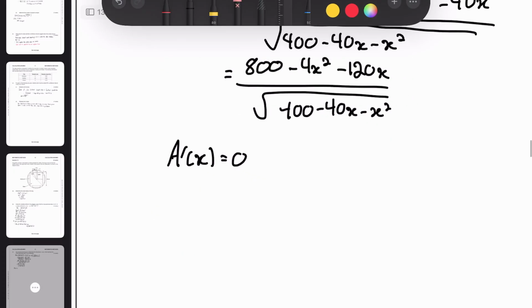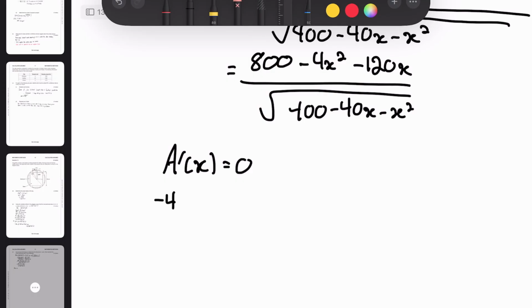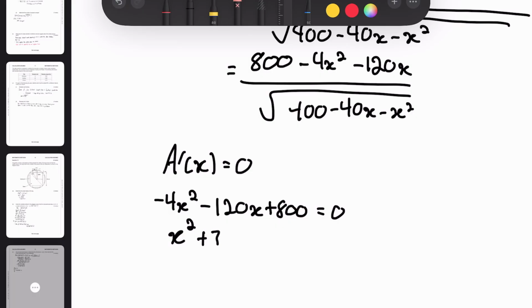Okay, now we know that we need the derivative of this to be 0. Then what we're going to have is negative 4x squared minus 120x plus 800 is going to be equal to 0. So we divide everything by negative 4. We have x squared plus 30x minus 200 is going to be equal to 0.